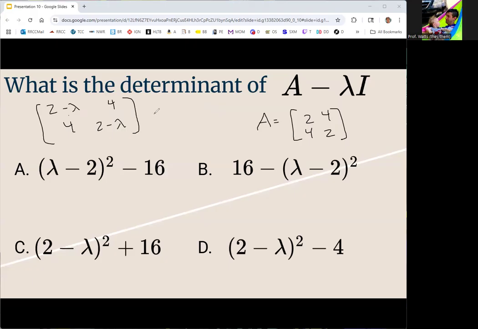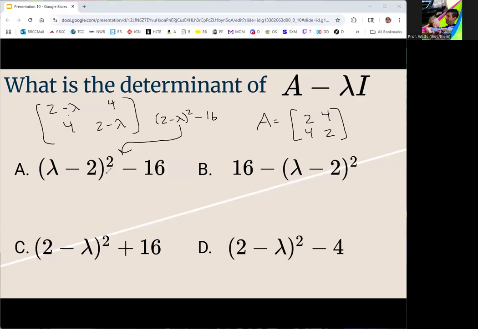When we do the determinant of that, we get 2 minus lambda times 2 minus lambda, which is 2 minus lambda squared, and then minus 4 times 4 is 16. Now, when you're squaring a difference, you can change the order. And so this is equivalent to lambda minus 2 quantity squared minus 16. Putting the lambda in the front is nicer for when you expand it and solve that quadratic equation. So the correct answer here is A.